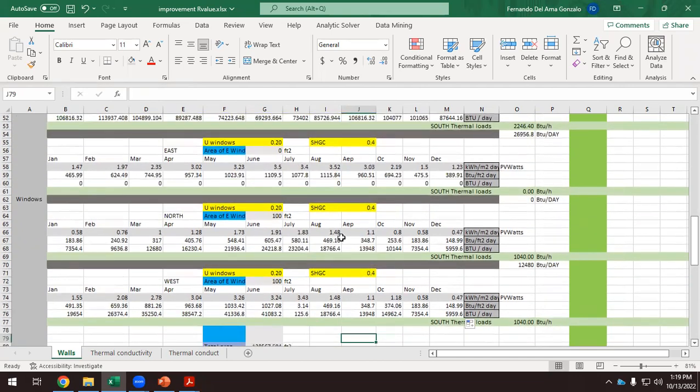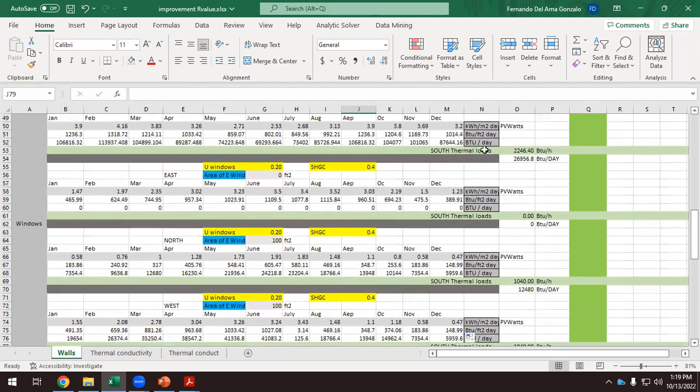Okay, so now I have the thermal loads in the south, the thermal loads in the east. If I don't have any windows, I type 0 as the area of eastern windows, and I don't have any values. If I have 0 in the area of northern windows, I don't have anything.